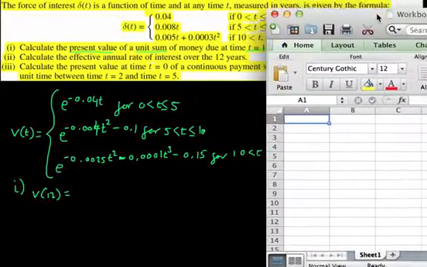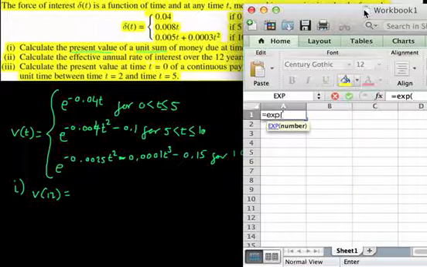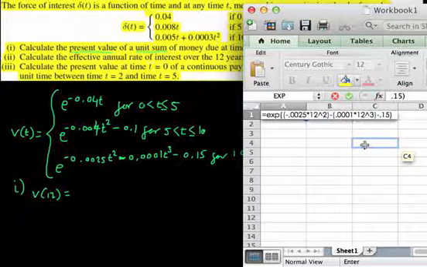So we're finding the exponential of, and I'll put it in a few parts, minus 0.0025 times t squared, where 12 squared is 144, minus 0.001 times 12 cubed, minus 0.15, and close all the brackets.